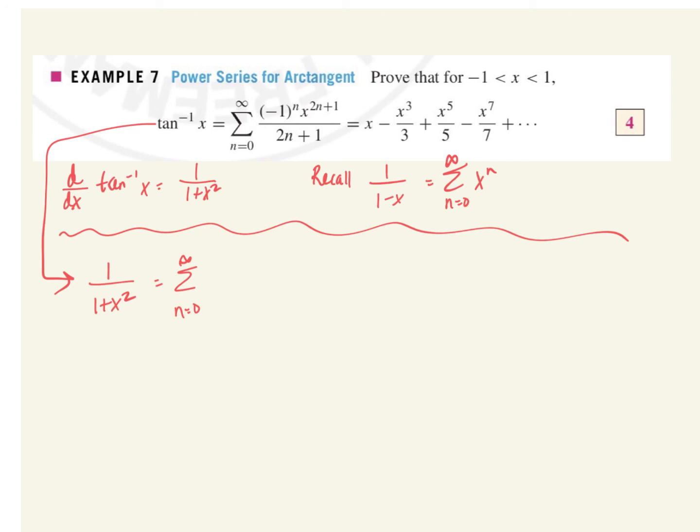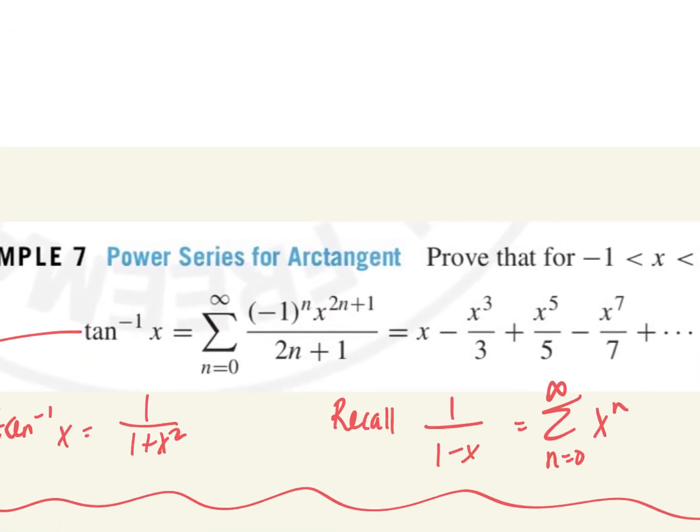If I continue looking at that summation up here, if I were to derive here, thinking power rule, the 2n plus 1 would come down. I would subtract 1 from my exponent, and the 2n plus 1 from here and here is going to end up canceling.